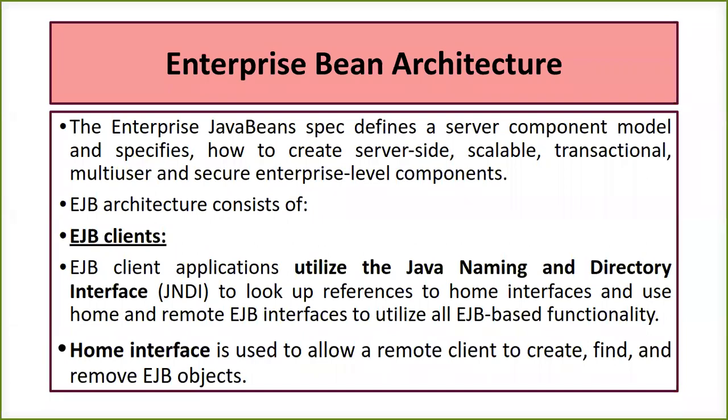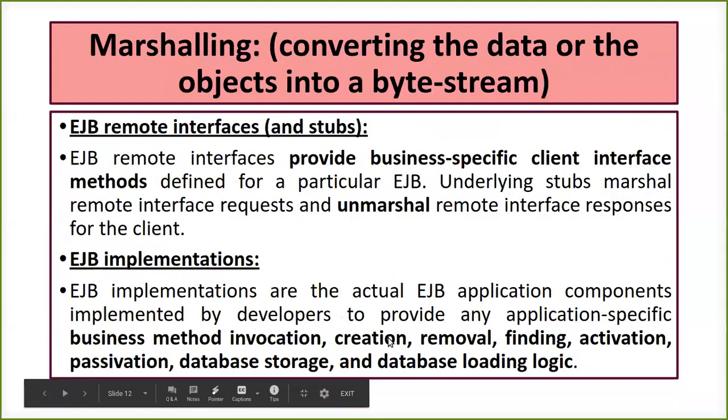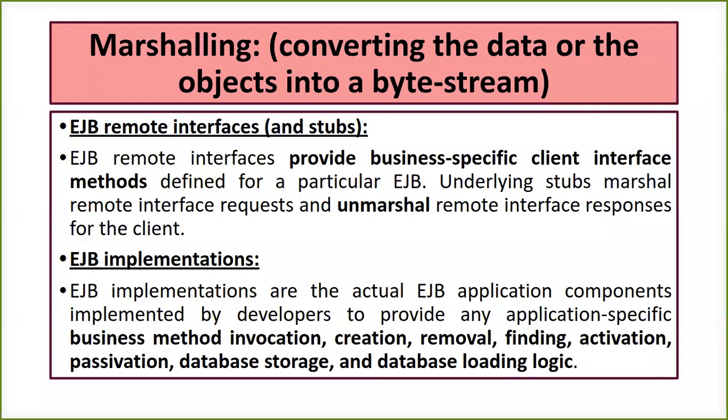When we talk about the remote interface, there is one term called marshalling, and marshalling and unmarshalling. The meaning is that you have the conversion of the data or the object into a byte stream.